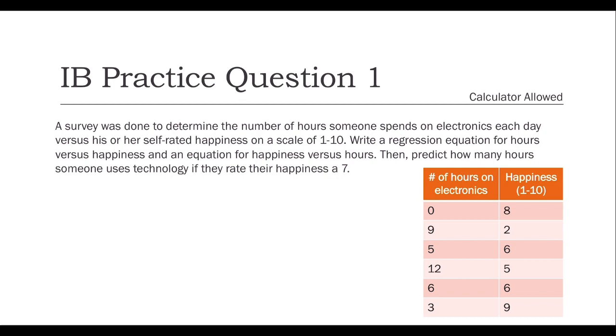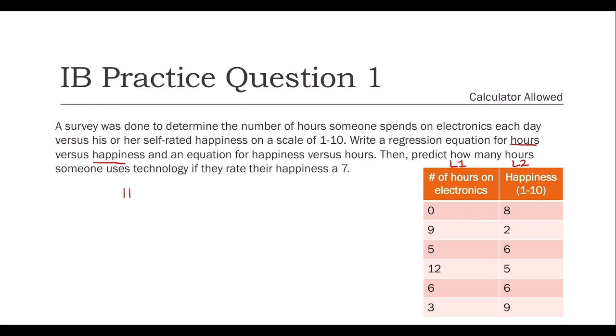So we'll start by entering our data into our calculator. This will be L1 and this will be L2. So our first equation, we'll do our hours versus happiness. So our input is going to be hours and our output will be happiness. So for our linear regression, our x values will be L1 and our y values will be L2.